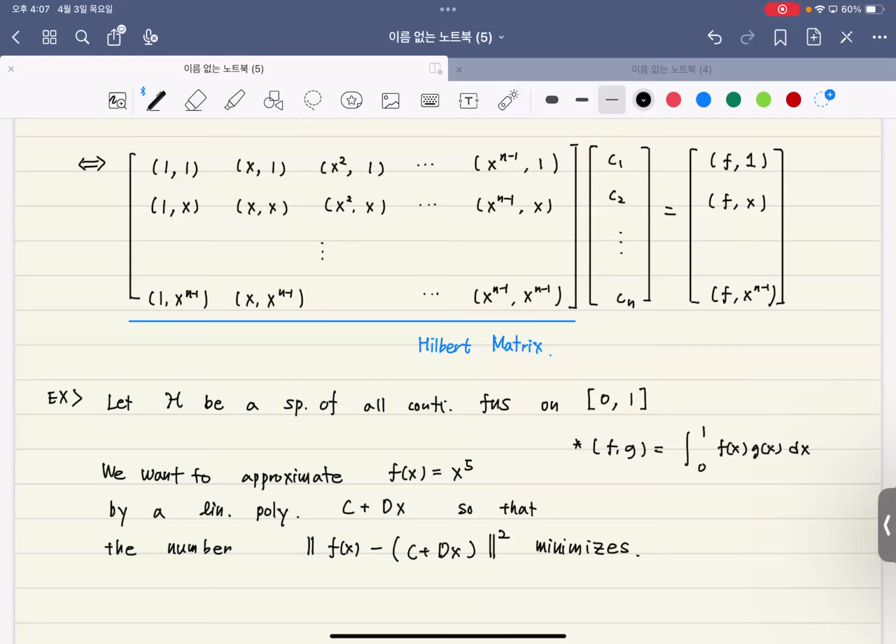So I am looking for a linear polynomial such that this discrepancy is minimized. Can I find such a linear polynomial?